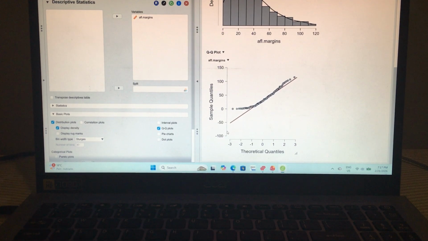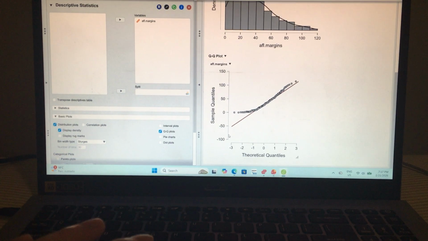And this signifies that the data are not normal. When we run the Shapiro-Wilk test on this AFL margins data, we're going to get some values. So let's see if we can do that.